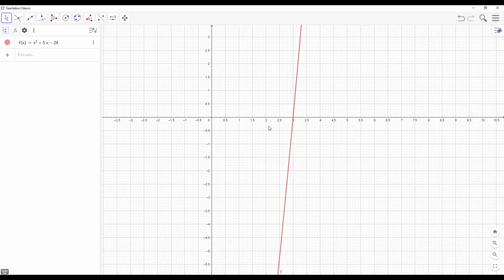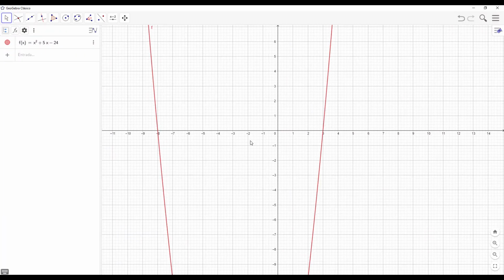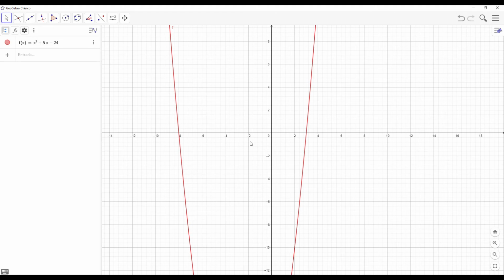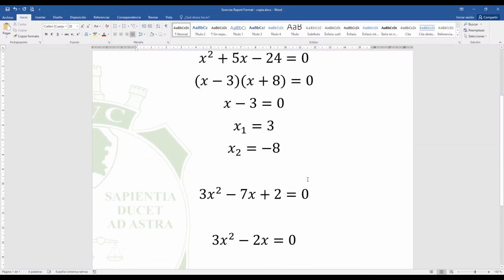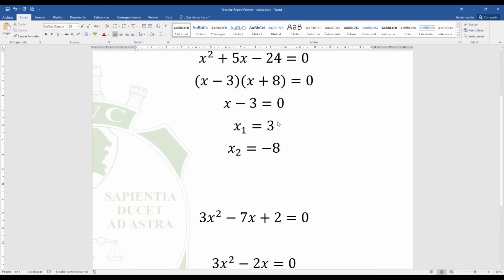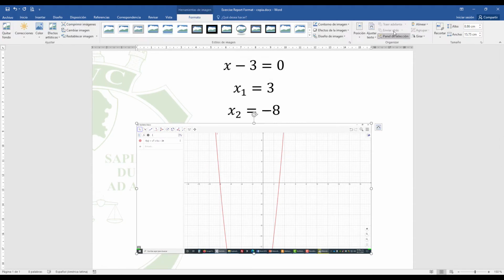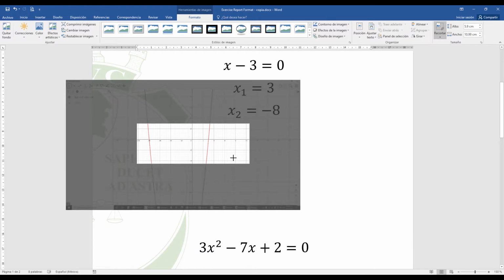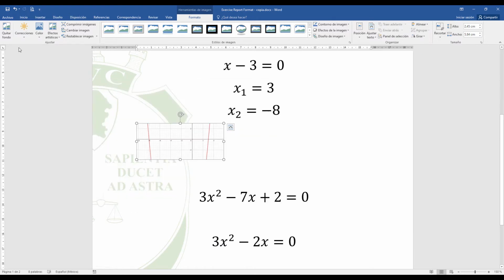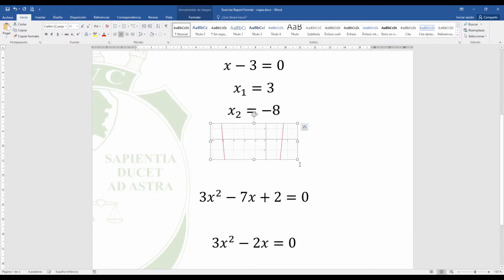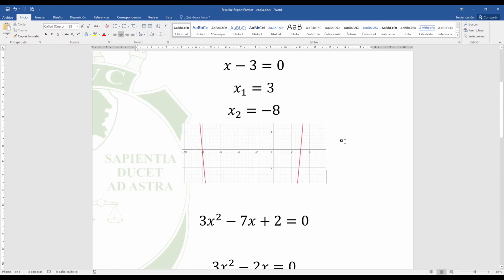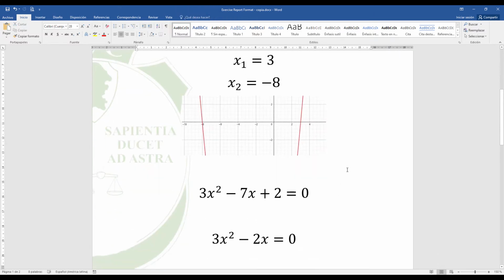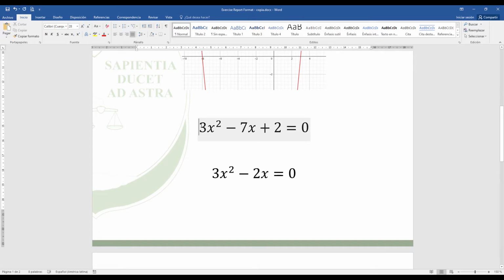You need to copy the screenshot of that and cut the image. This is 3 and this is minus 8. Okay, this is correct.